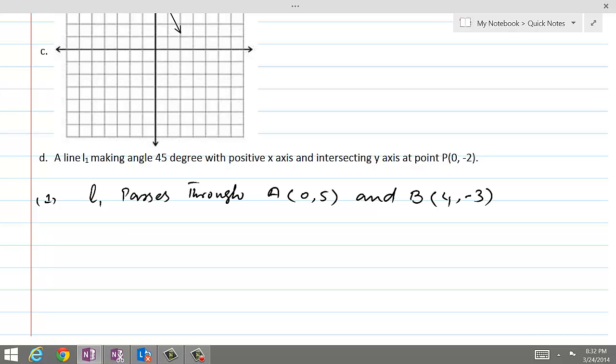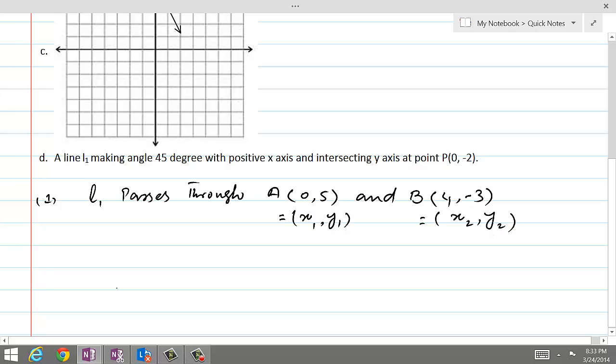For slope, if two points are given, that's easy enough. We can use the two-point formula of slope and calculate the slope. The starting point can be taken as x1, y1, and the second point can be labeled as x2, y2.